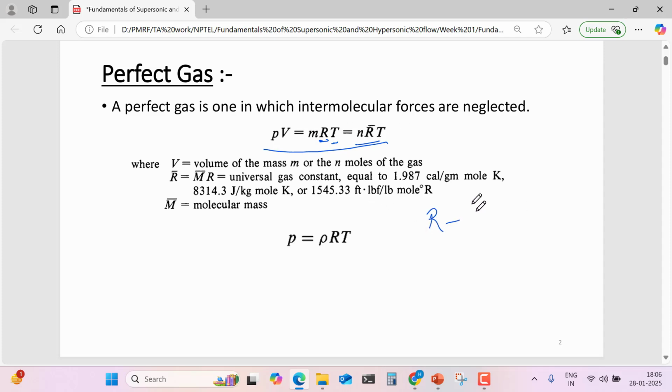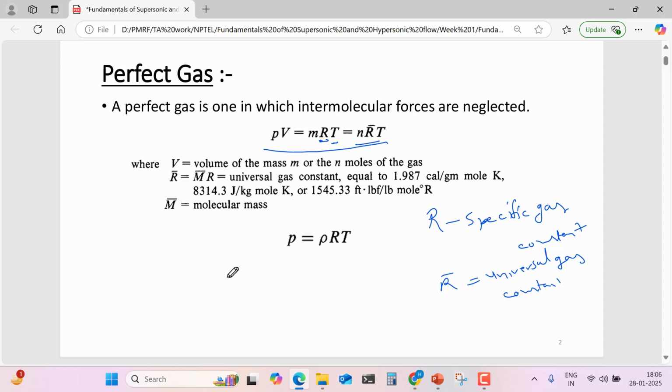R is the specific gas constant, and R bar is the universal gas constant. The value of this R bar is always constant, which is 8314.3 joule per kg mole Kelvin.